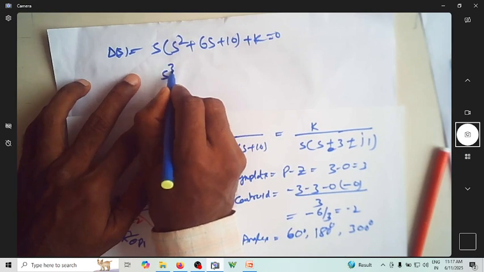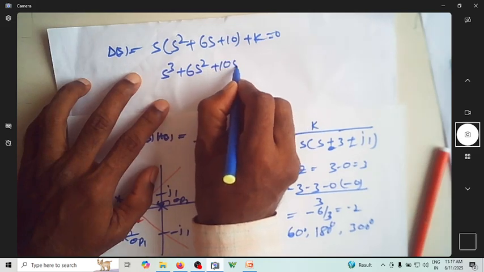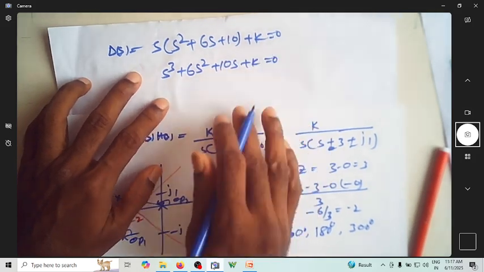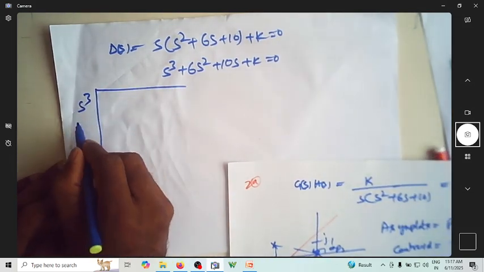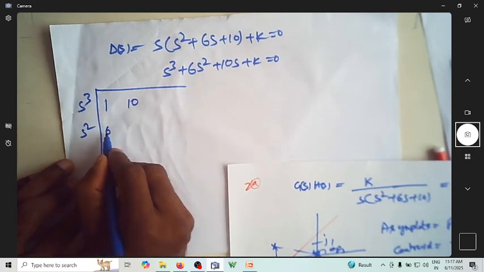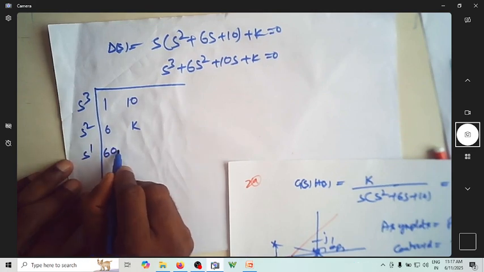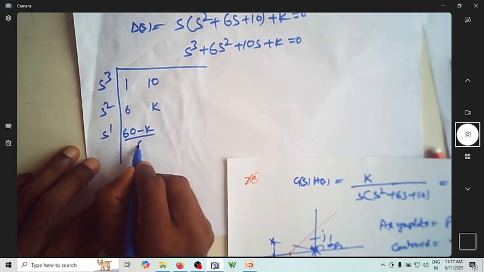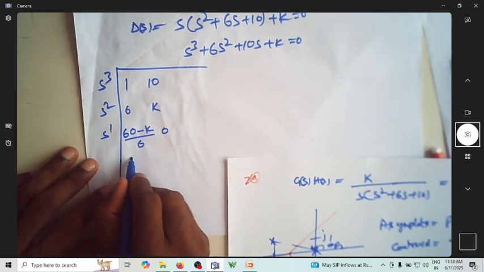This becomes s cube plus 6s square plus 10s plus K equal to 0. Let me write the Routh array for this: s cube row is 1, 10; s square row is 6, K; for s to the 1 it is (60 minus K) by 6, 0; and finally s to the 0 is K, 0.